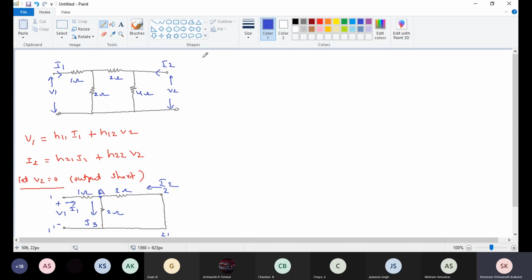Now I can write KCL at node A. I1 incoming plus I2 incoming minus I3 outgoing equals 0. So I can write I3 is equal to I1 plus I2.